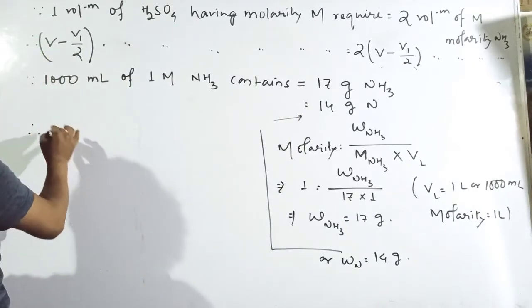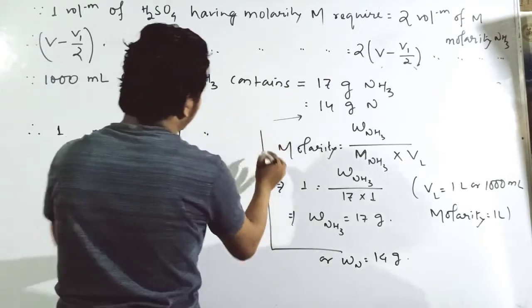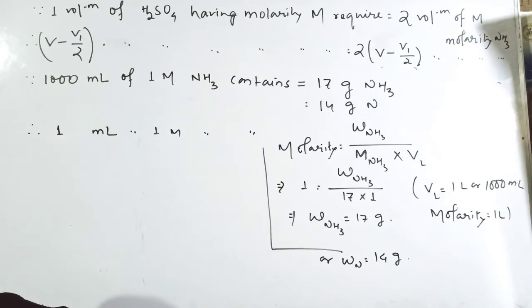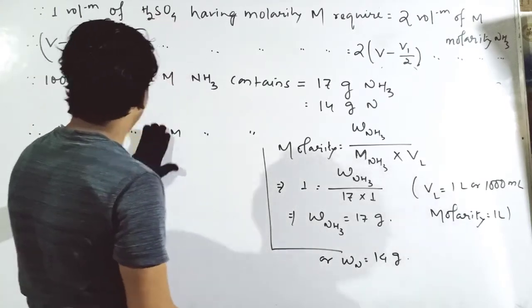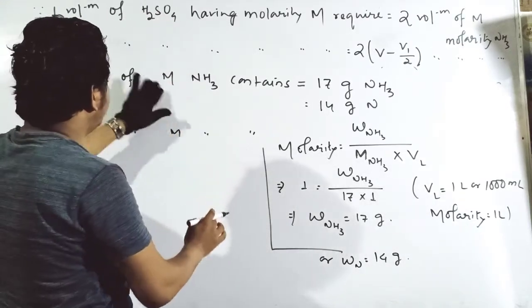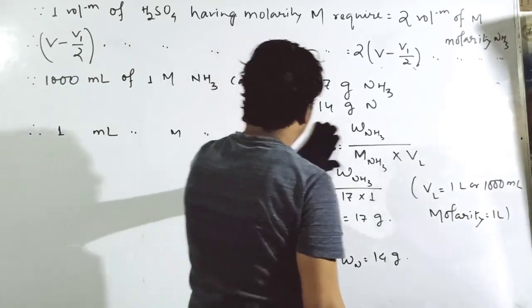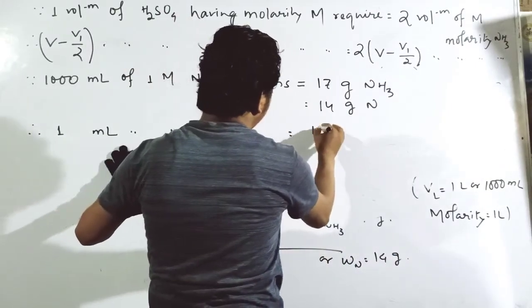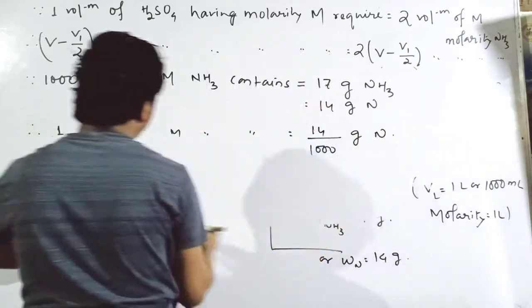Therefore, 1 ml of 1 molarity ammonia contains how much? So 1 ml, this will be 14 by 1000 gram of nitrogen.